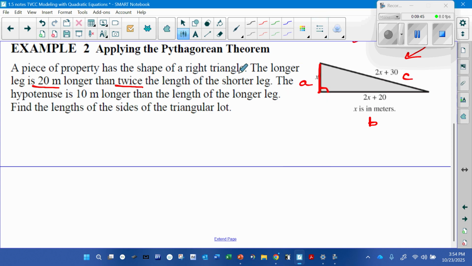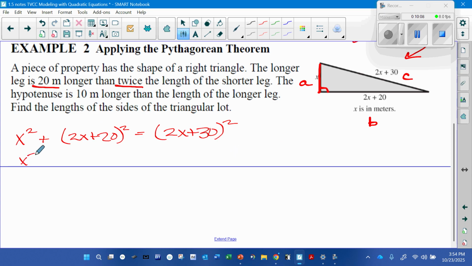So we've got a squared plus b squared equals c squared.